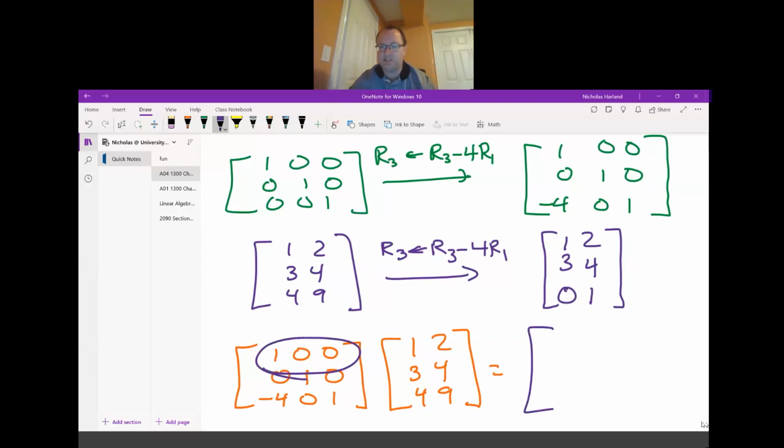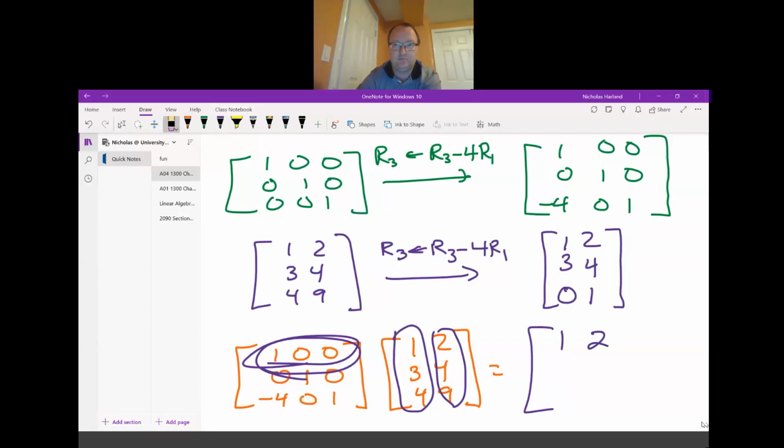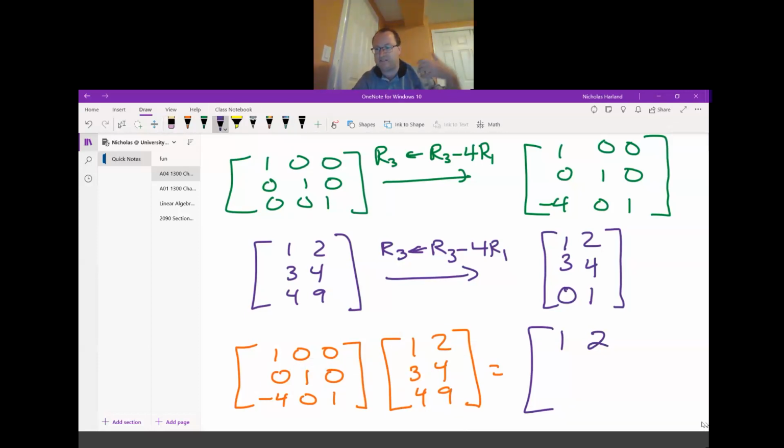Row 1 times 1, 3, 4. Well, since row 1 is just the identity row 1, it's not going to change the first row, first column entry. 1 times 1 and zeros. Same thing, row 1, column 2. Same deal. It just picks off the first row and doesn't change it. If we took row 2, same thing. This is the second row of the identity, so it's not going to change the second row of our answer.